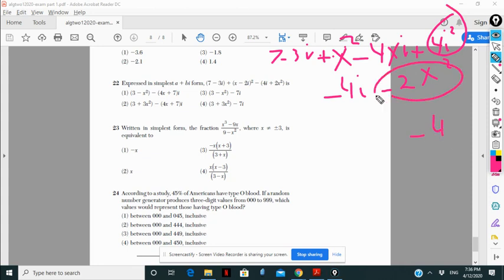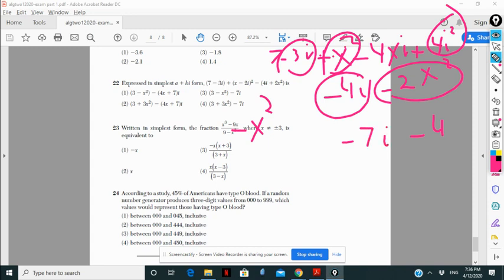And negative 2x squared and x squared, that's negative x squared. Okay? And negative 4i and negative 3i, that's negative 7i. And I have here plus 7 minus 4xi.